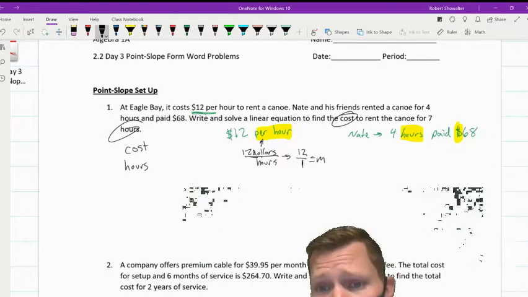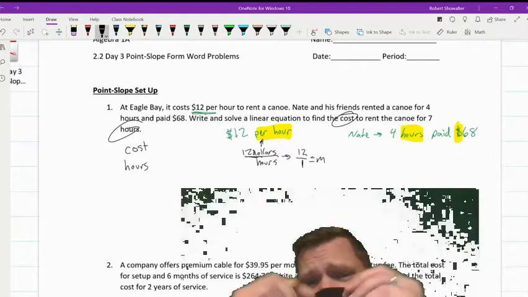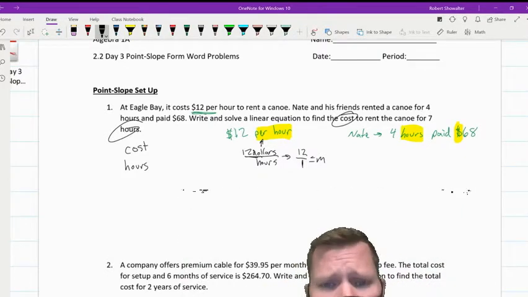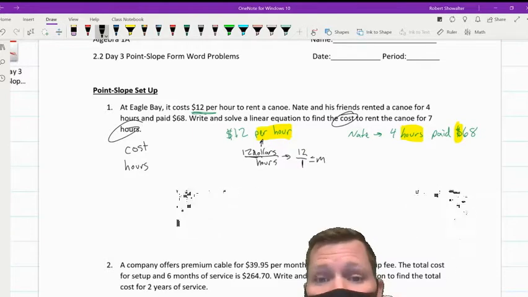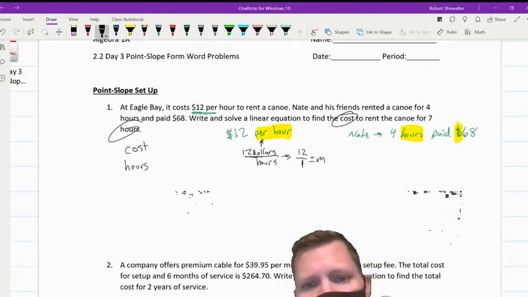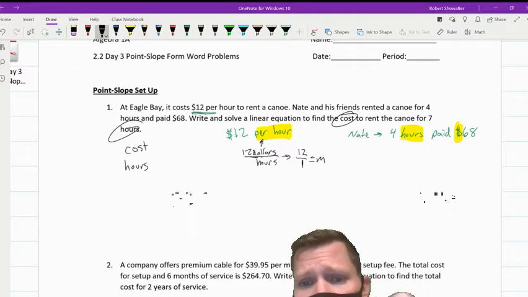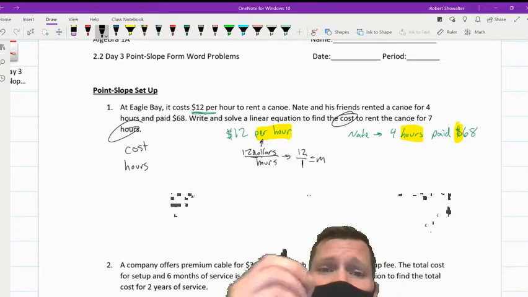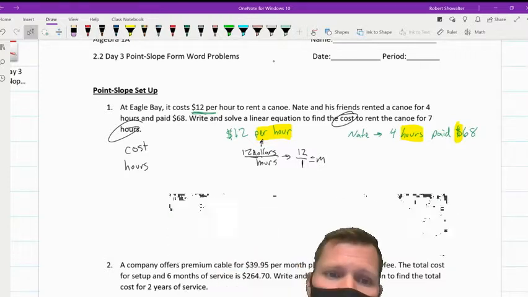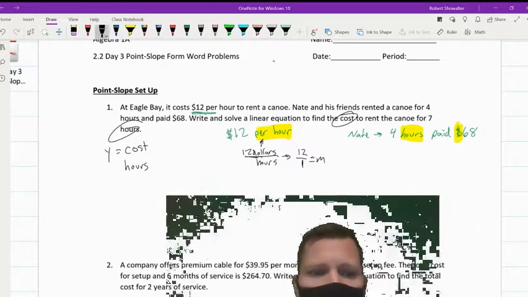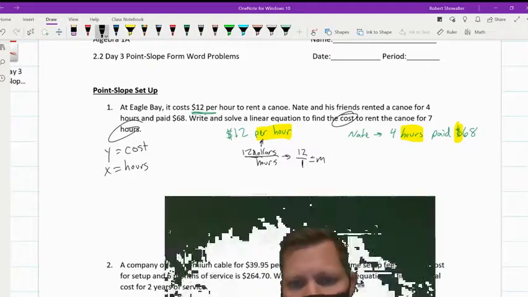Now we have another scenario where, if that's the rate of change too, which one's going to be our x, which one's going to be our y. Remember, rate of change, slope is y's over x's. So in this case, we have dollars over hours, which gives us dollars or the cost to be our y and the hours to be our x.